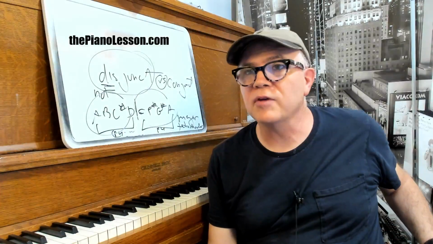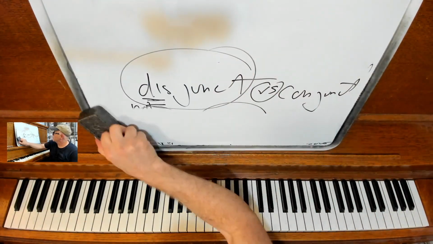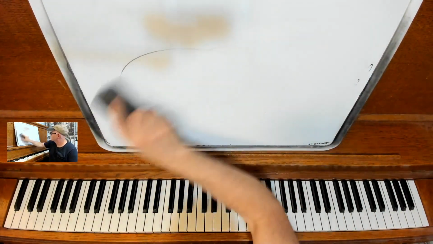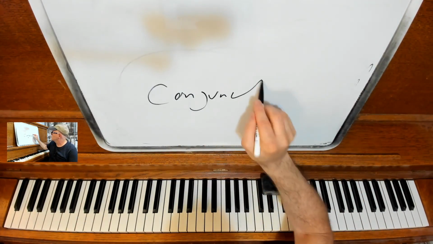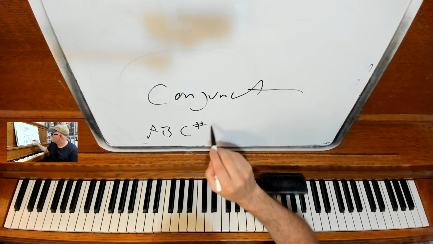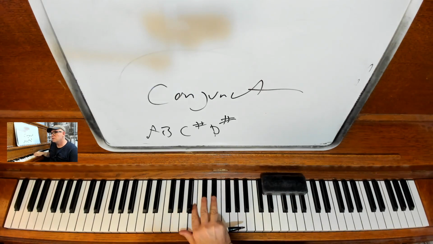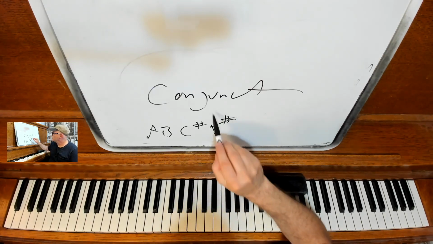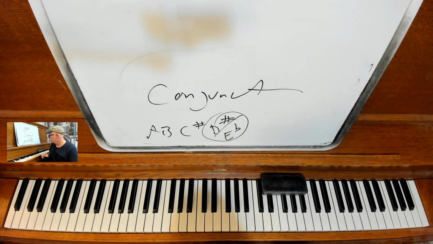Now, here's something a little different. Here we're going to make a conjunct tetrachord, all right? A, B, C sharp, D sharp, right? Now the spelling might get a little strange. I'm going to change the D sharp to an E flat because it's a little bit easier to spell.